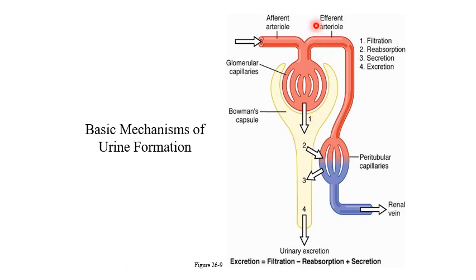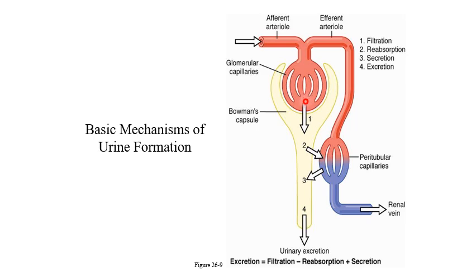So looking at the nephron structure in a simplified way, you can see that blood flow will come via the afferent arteriole and flow into the glomerular capillary. Then a process of filtration will take place. Some of the plasma fluid is filtered, except for plasma proteins, which are large in size, and cells, which cannot pass through.